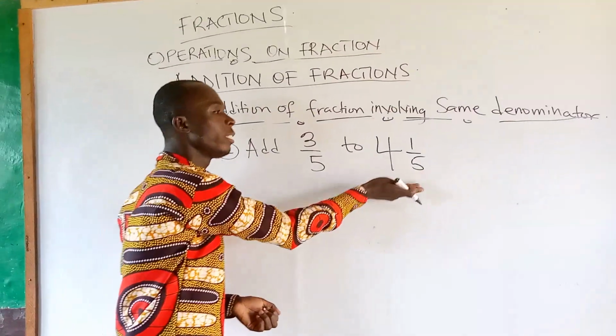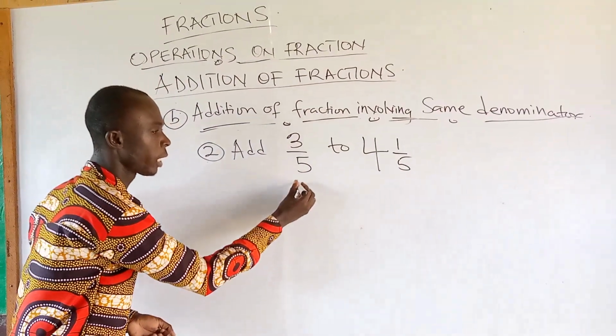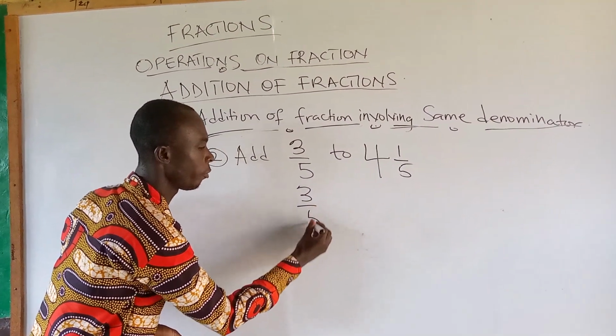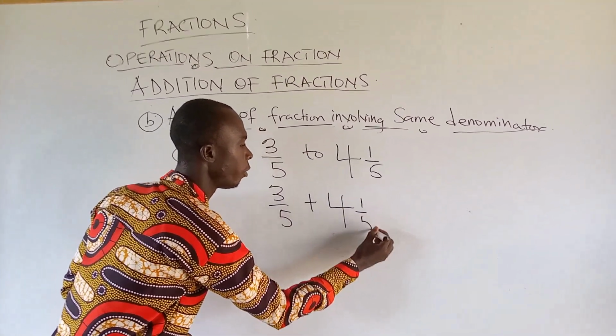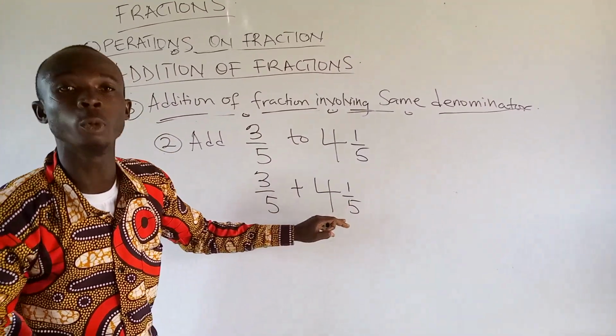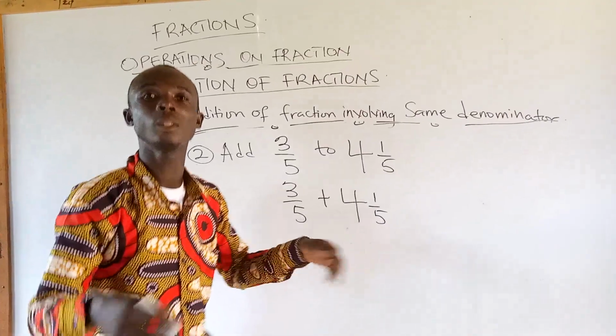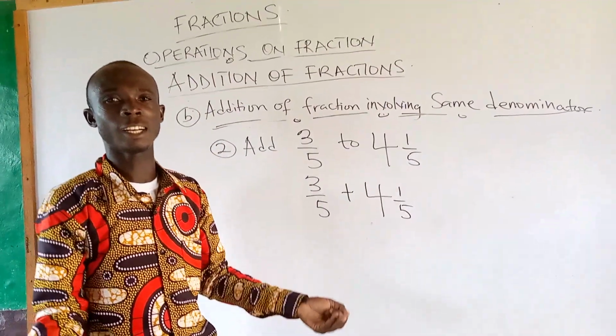So you change this one to what? Improper fraction. So it becomes 3/5 plus 4 whole number, 1/5. Because once you don't change this one to improper fraction, you cannot solve the question. How will you solve it? You can't tackle it.